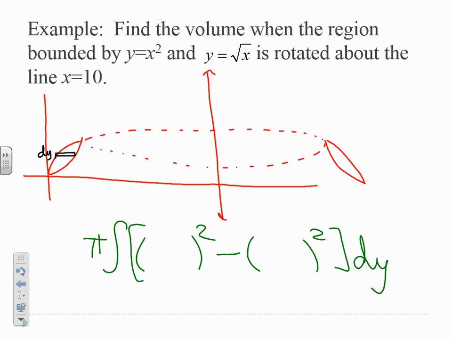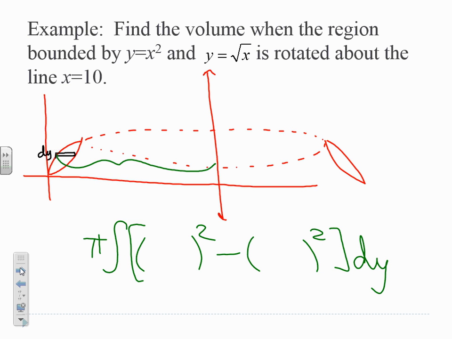The biggest radius, well, we always go from our axis of rotation to the farthest away. So that would be from here to here, right? When we talk about distance, vertically we go top minus bottom. Horizontally it's right minus left.